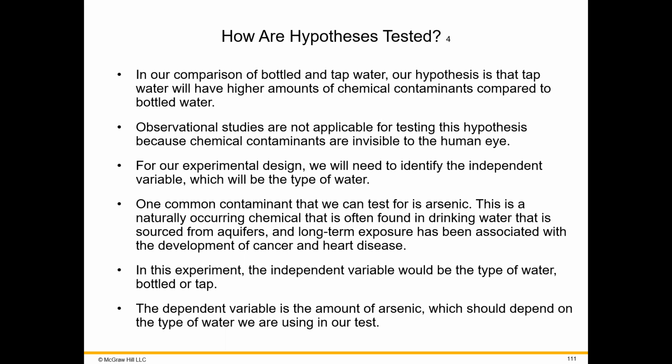Because if you get some results and you plot them on an x and a y axis, the x-axis will be the type of water, and the y-axis, which is the dependent variable, would be the amount of arsenic. So that changes based on the type of water, which is the independent variable.